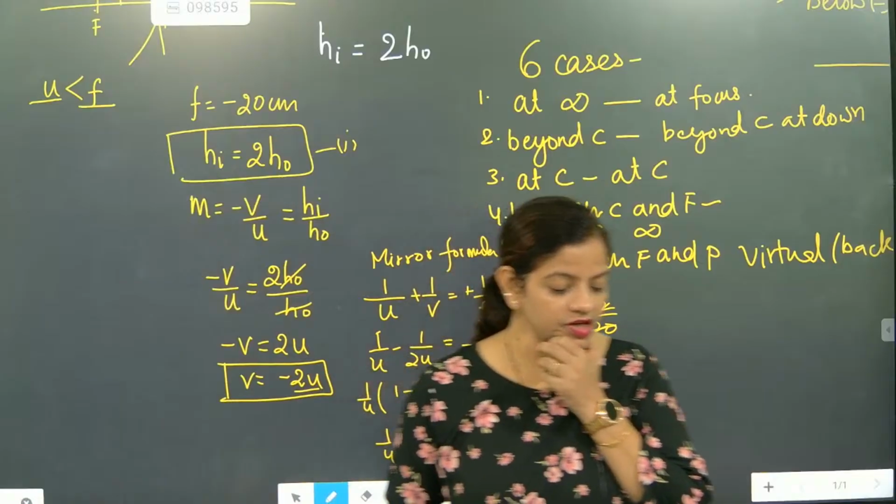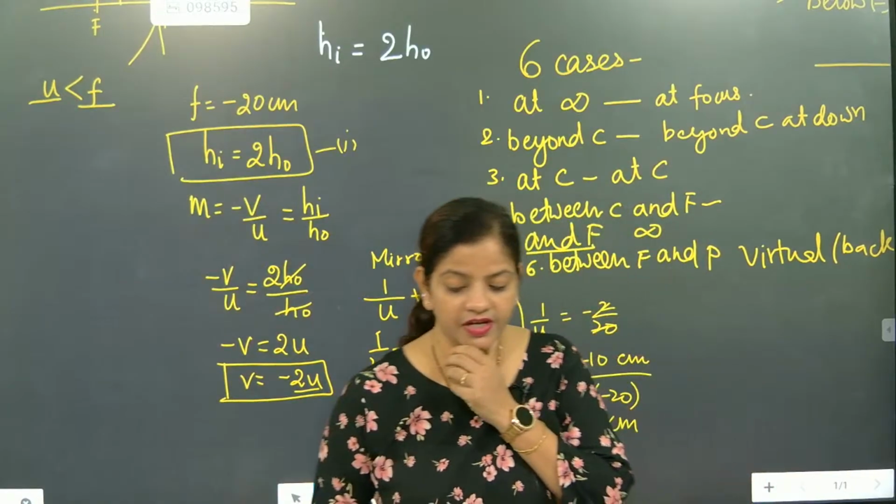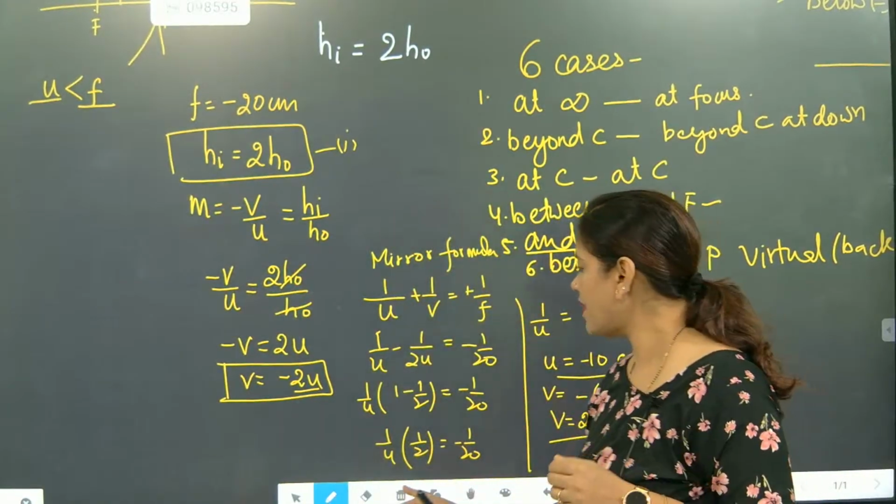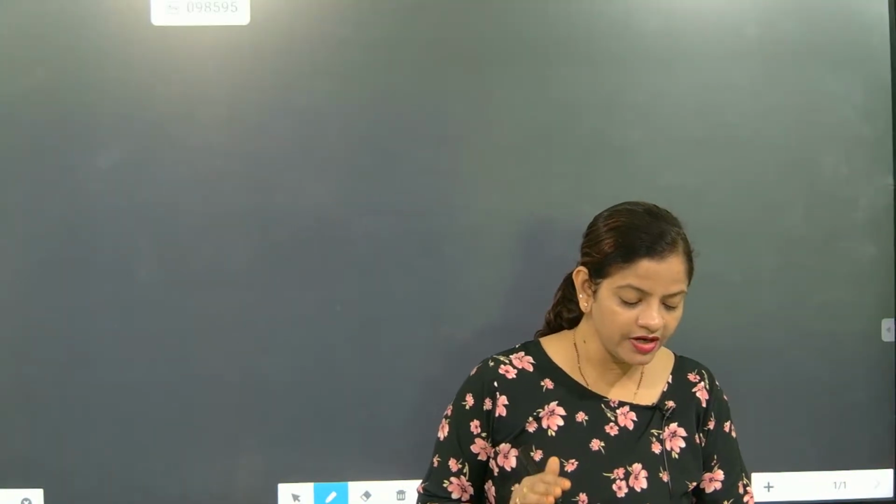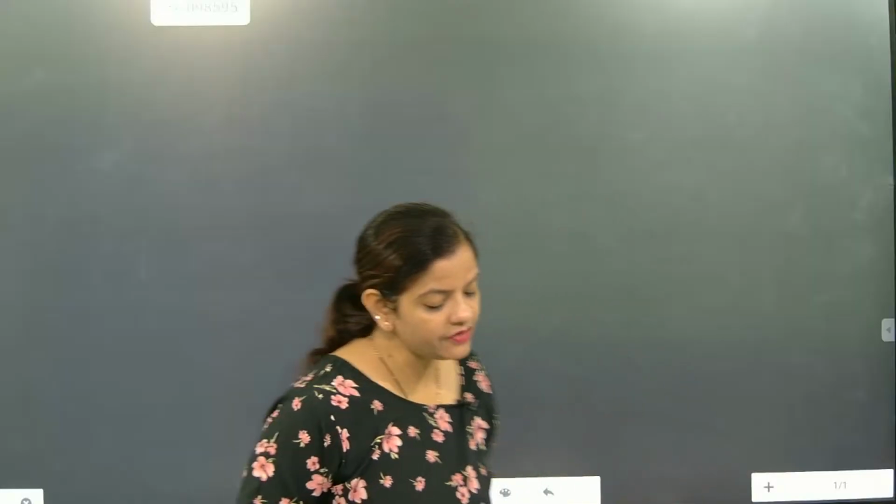Write the next question. A man faces 25 centimeter. Write down. What is the size of the man's face? A man's face is 25 centimeters in front of a concave shaving mirror.